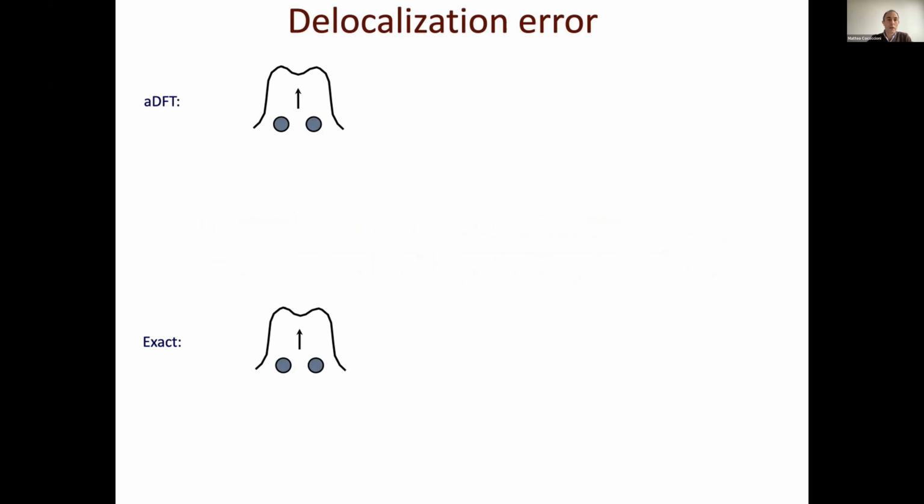Suppose that you are trying to dissociate the H2 plus molecule, which is represented by these cartoons again. Now, what you get in the exact world, let's say in the real world, is that at a certain point, the electron localizes either on one atom or the other one, okay?